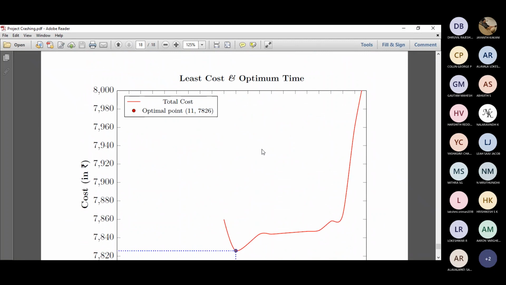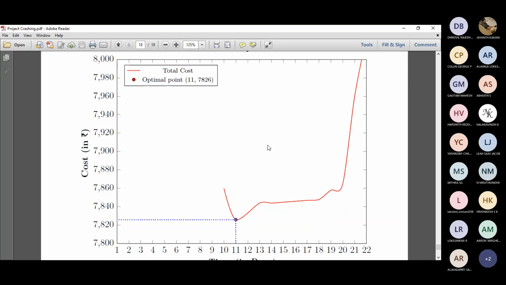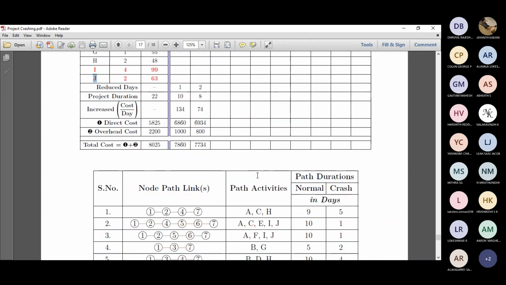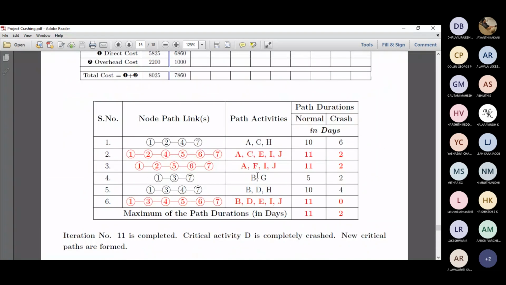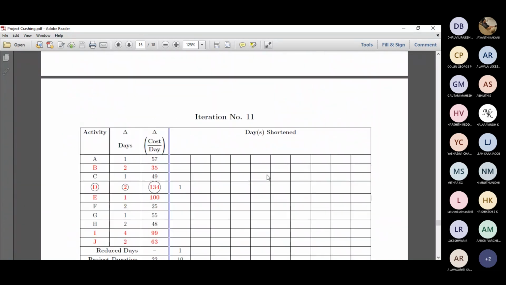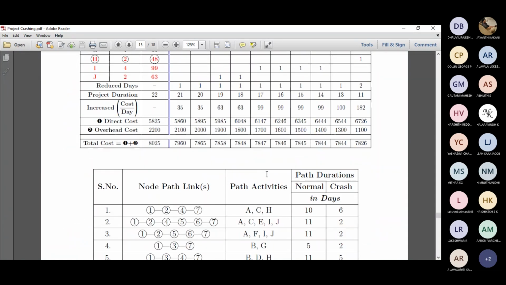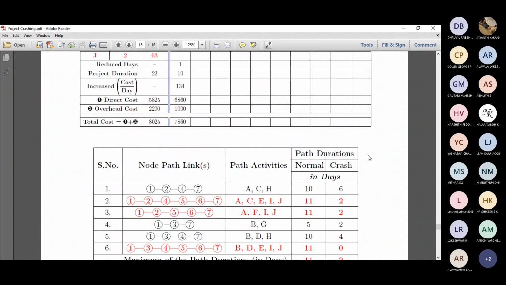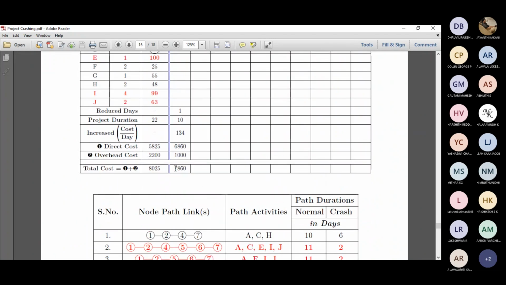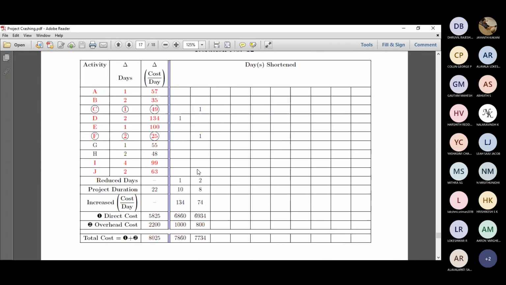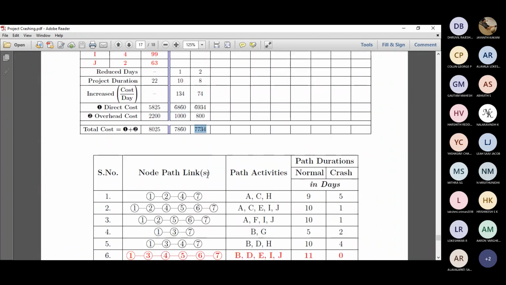Right. Next, what we do is we need to plot this graph, right? So the point at which it is minimum, it is 7, 8, I think it's this one, 7826. After 7826, it gets increased, say 7860, and then it is just like a wobble, 7734, right?